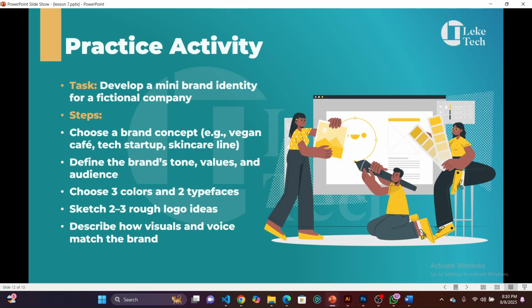So for the practice activity for this lesson, we'll develop a mini brand identity for a fictional company. You remember 3 classes before, you were asked to design a logo, and the name of the business was Juju.